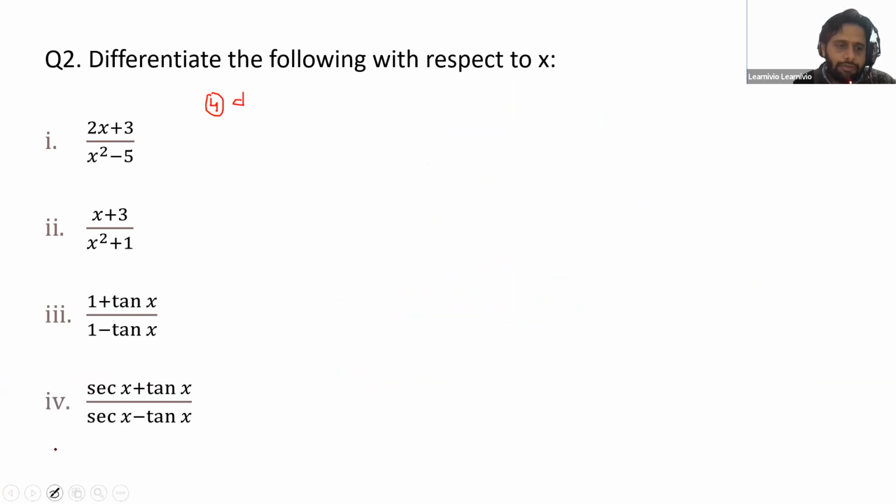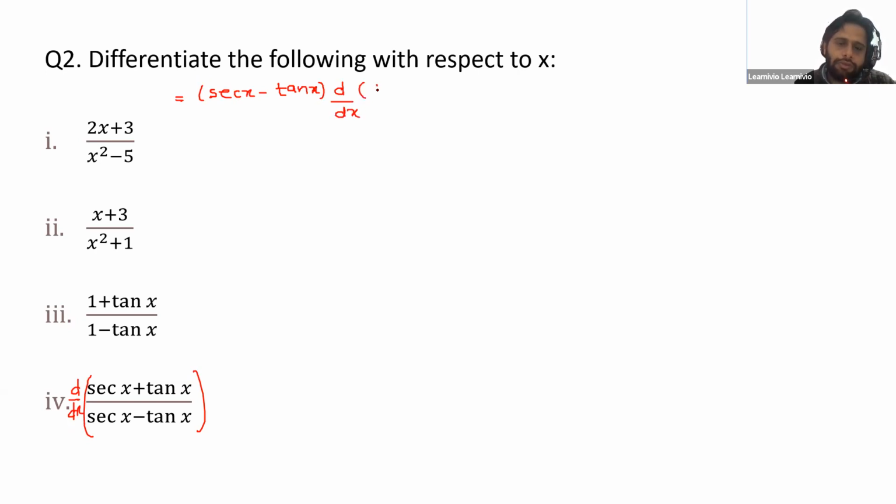Okay, please click here. So I will write like this because it will save one step. Now we will start from here. As per the formula, we will first write the denominator, sec x minus tan x. After that, we will differentiate the numerator.